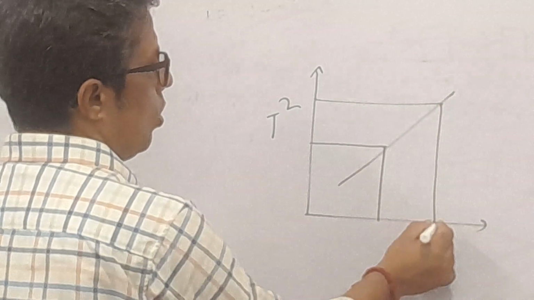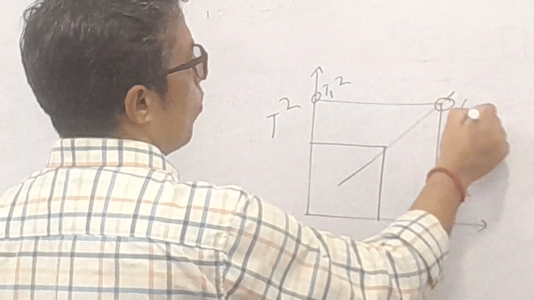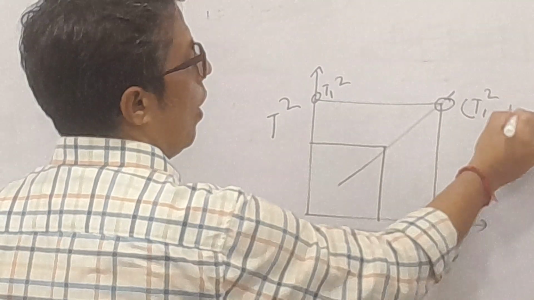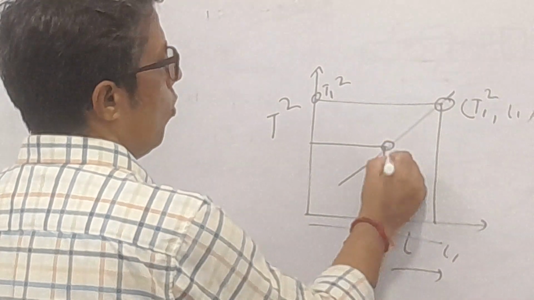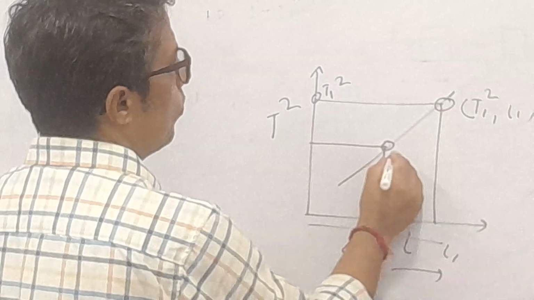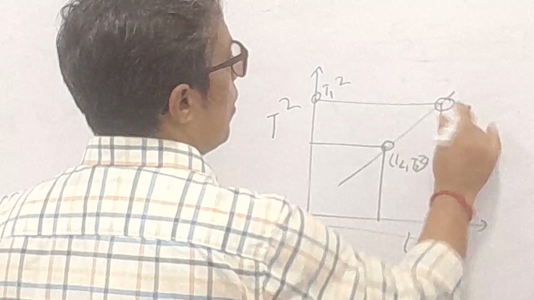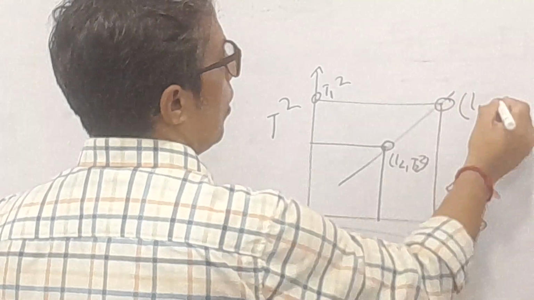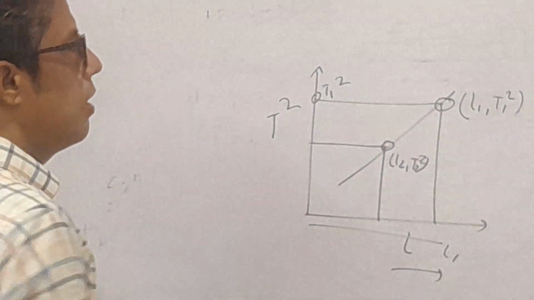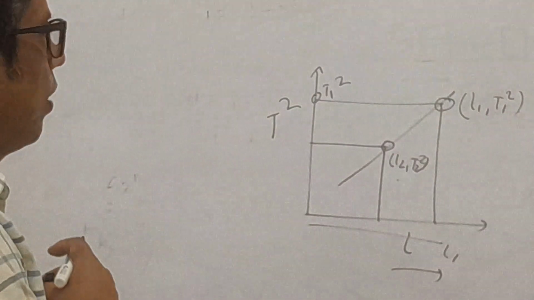For that we take two points. The coordinates of the first point are L1, T1 square, and the second point is L2, T2 square. So these are the two coordinates we have.